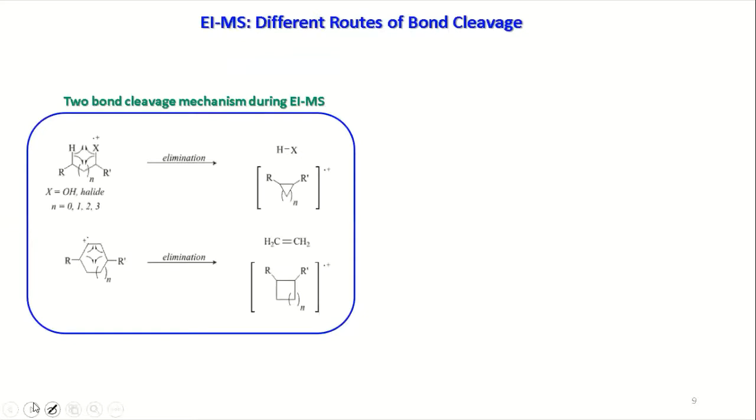Now let us look at another fragmentation route. Suppose you have a molecule where you have a halogen or OH. Now from the whole system, an electron will be rejected, so you have a plus dot.